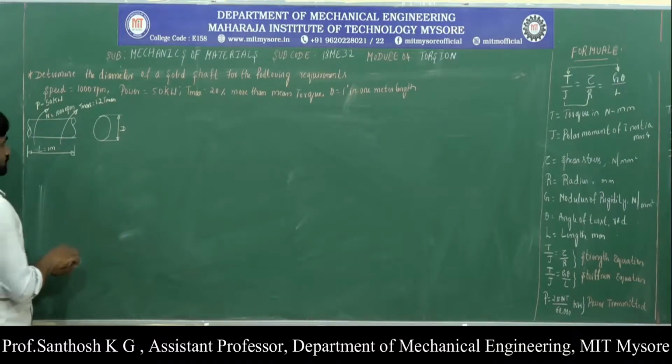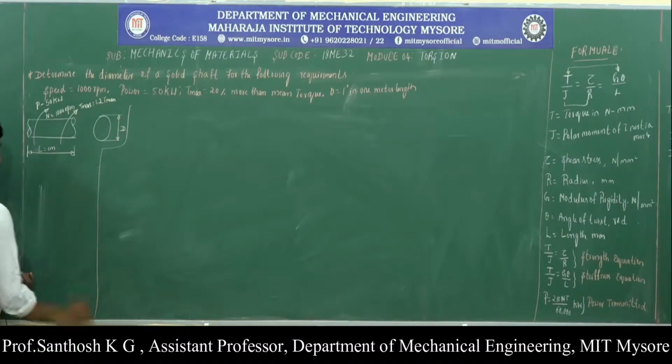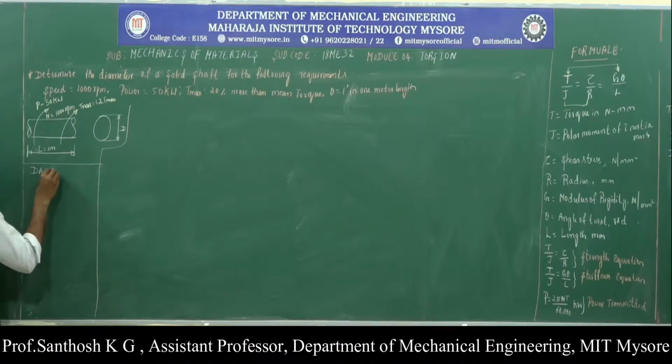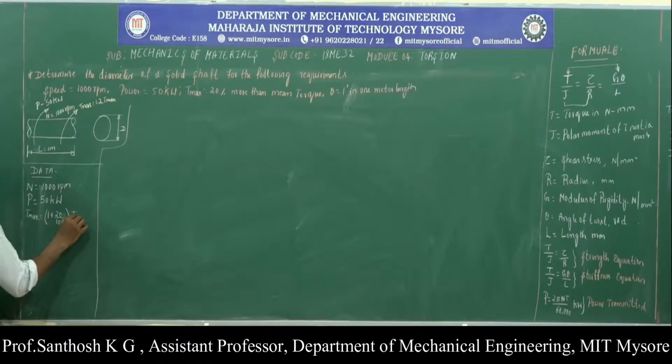So, first let us write down the data in the standard notations. So, the data are: speed is 1000 rpm, power, denoted by P, is 50 kilowatt, the maximum torque is 20% more, that is 1 plus 20 by 100 of the mean torque.